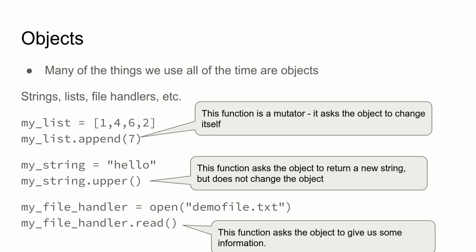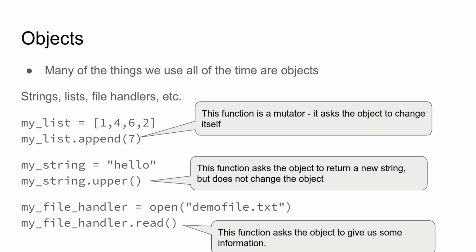Some functions are a mix of this mutator idea and this idea of a function that generates something new, some new value to give us. Read gets data from the object, data from the file that the object is handling, is pointing to and reading through, and it changes the location that the file handler is pointing to at the same time.